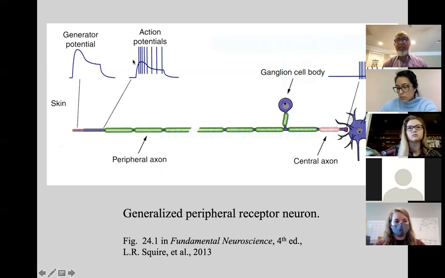Whether they respond or not depends on how big the generator potential is. If it reaches the threshold for excitation, it will produce a full action potential, and it will propagate all the way to the other end of this nerve.